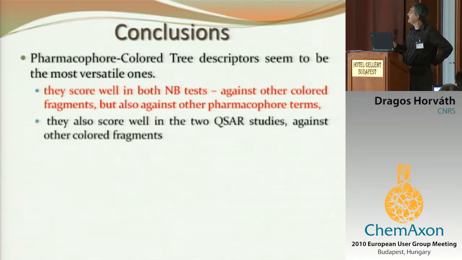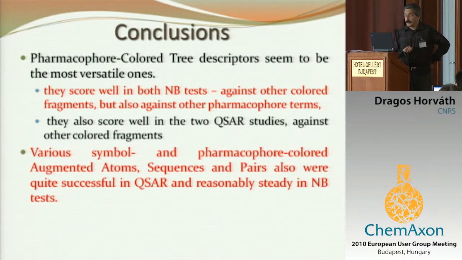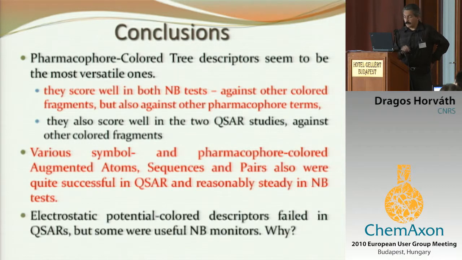They also did very well in the QSAR studies. In the neighborhood behavior tests and in QSAR, other symbols and pharmacophore-colored fragments were reasonably steady as well. But electrostatic potentials, they failed in QSARs, but were quite useful in neighborhood behavior.